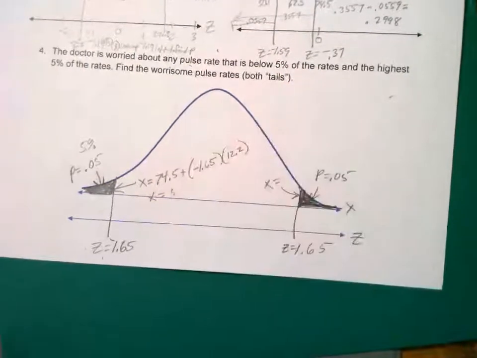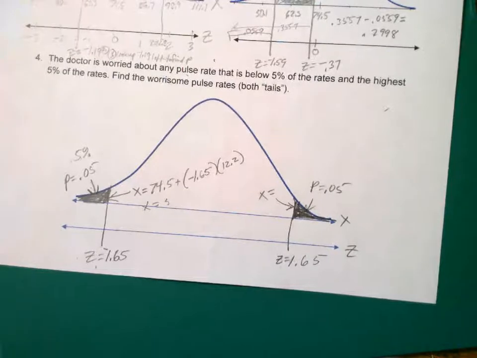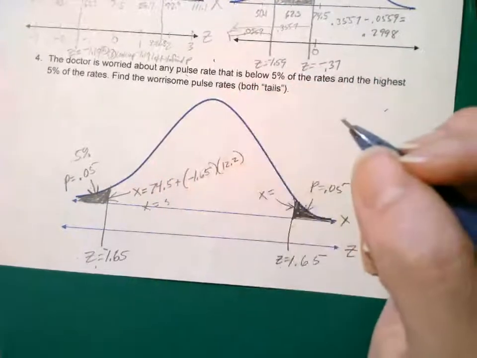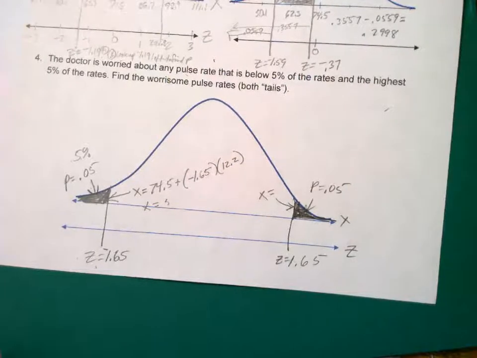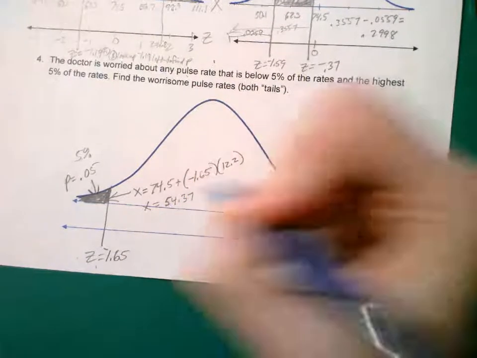Let me double check that. Forgot my negative sign. 74.5 plus parenthesis negative 1.65 times 12.2 is 54.37.